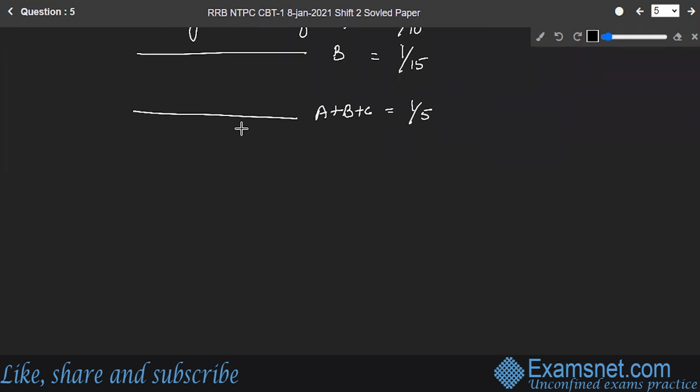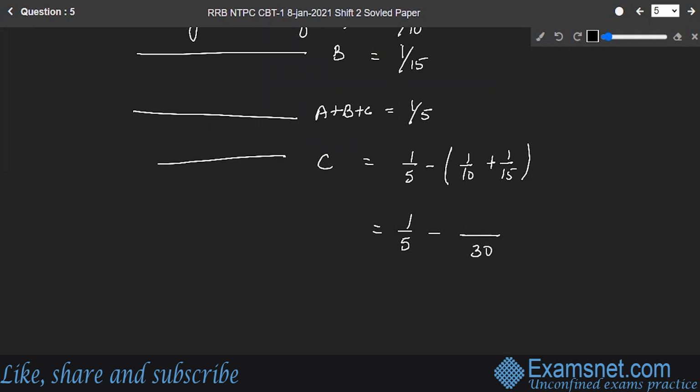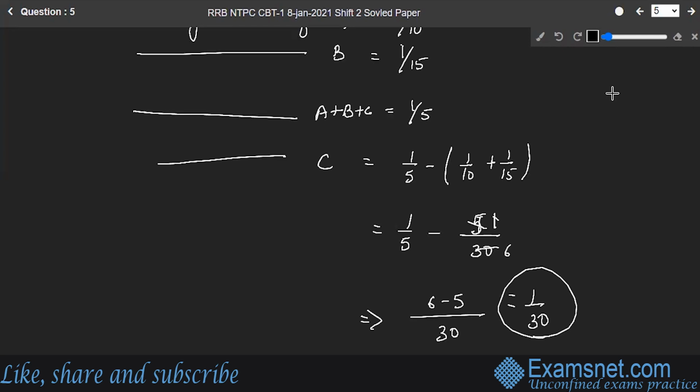So that means 1 day work of C alone is 1 by 5 minus (1 by 10 plus 1 by 15), which will be equal to 1 by 5 minus, the LCM over here will be 30, and the 3 plus 2, this is 5 by 6. And this is 30. 6 minus 5. This is equal to 1 by 30. Right? So 1 day work of C is equal to 1 by 30.